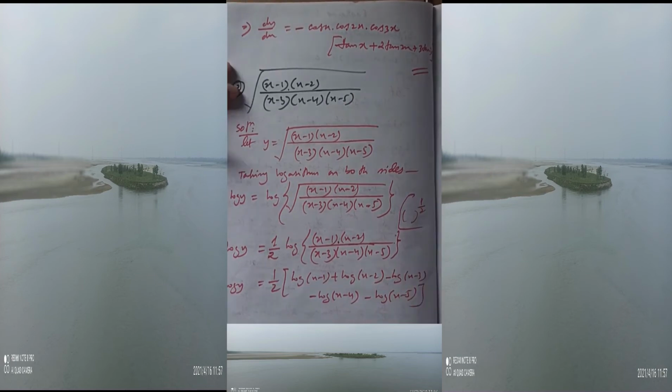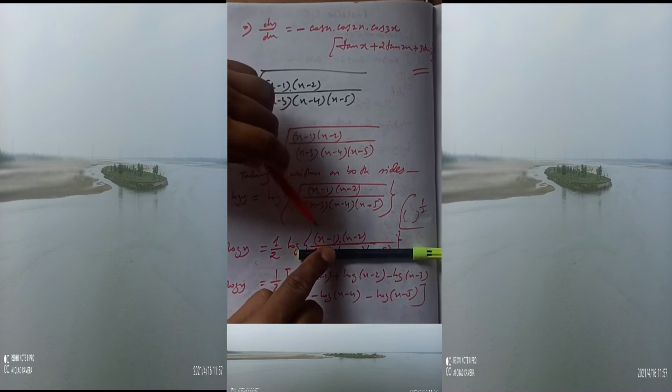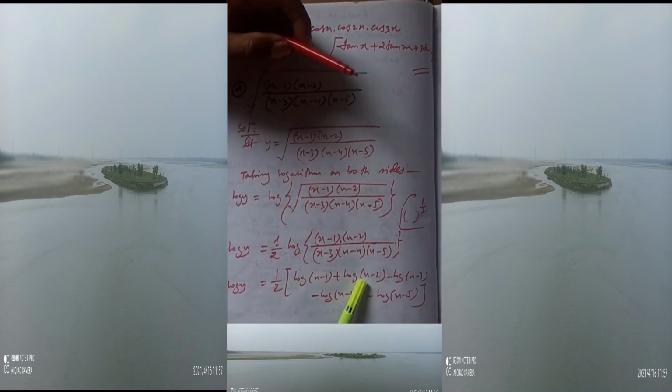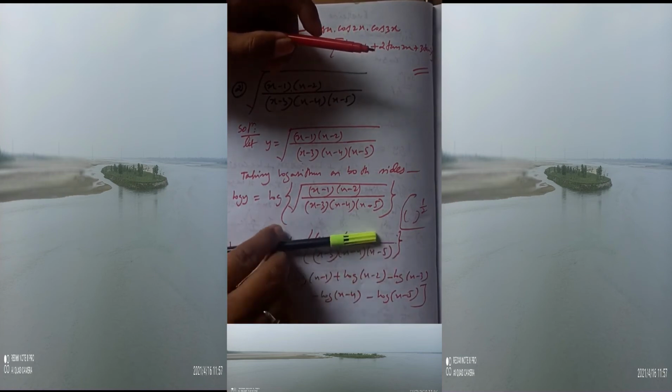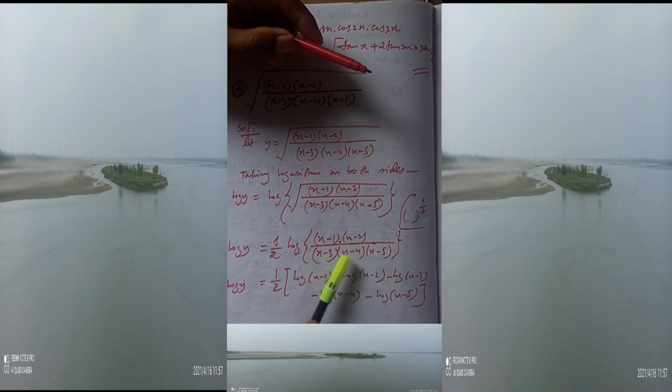Suppose the denominator part is not here, that means log m into n, so what? Log m plus log n. Then again for the denominator, they are also in product form, so log of x minus 3 plus log of x minus 4 plus log of x minus 5, but as they are in the denominator, the minus sign will come before that.